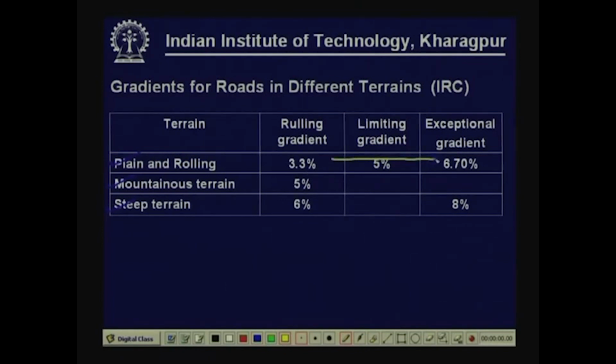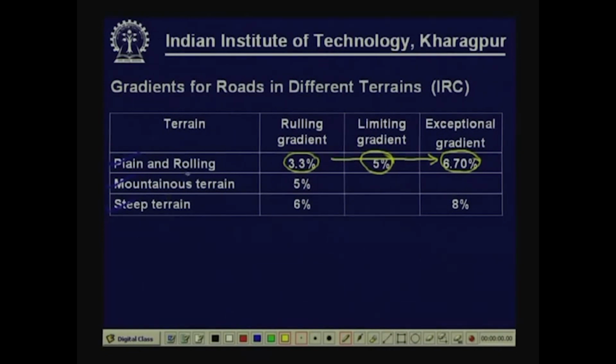For example, for plain terrain, ruling gradient is 3.3%, limiting gradient is 5%, exceptional gradient is 6.7%. So, 5% is higher than 3.3, again 6.7 is higher than 5%.